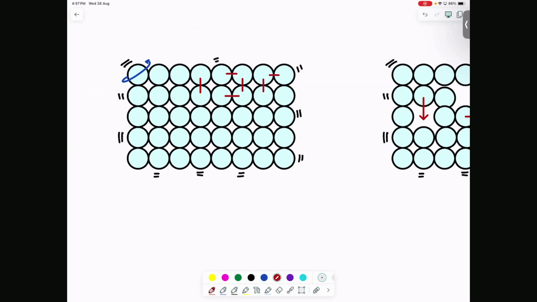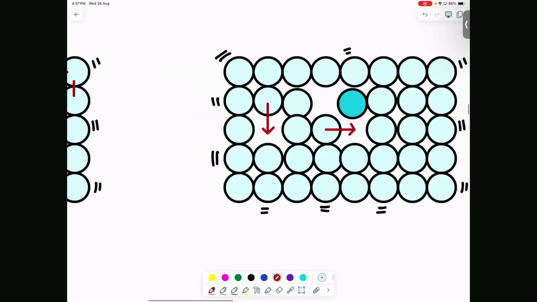Just imagine the bonds as very small springs. So imagine there's a spring between two particles. As the particles are moving back and forth, aren't the springs expanding and collapsing? As the spring expands, what kind of energy is stored? Elastic potential energy. When it collapses, it becomes what? K, and then bounces back because of repulsion. Again, what does it become? EP, K, EP. So there's energy stored in the bonds here.